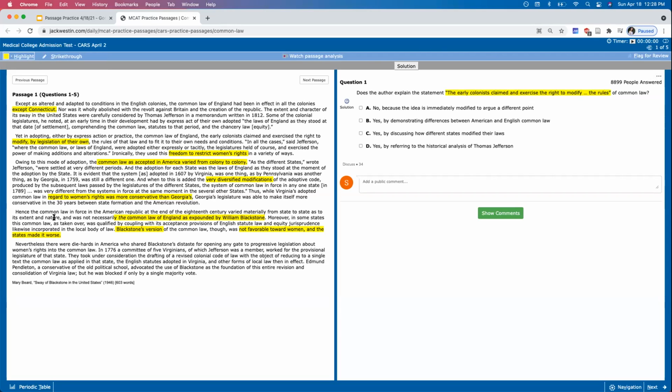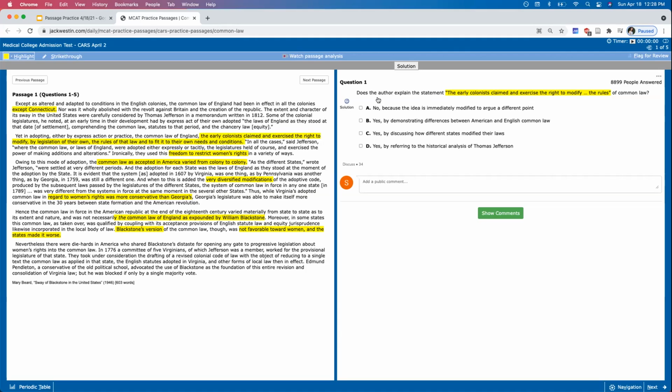So where did he talk about the early colonists claimed and exercised the right to modify the rules of common law? So that's something we talked about in this paragraph, in the second one.